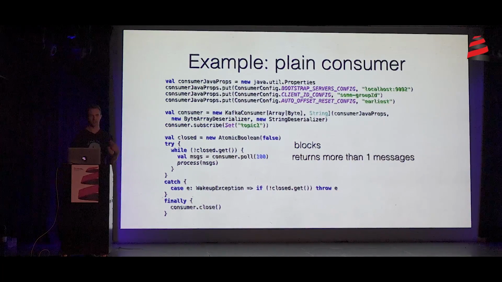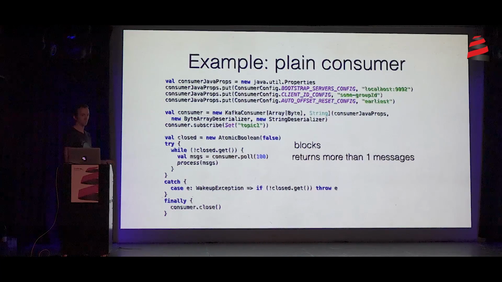Here we have to explicitly tell Kafka, give me messages. And this poll method here is blocking. This 100, in this example, is the timeout, after which the block will be released, and the function will return some messages that we can process.